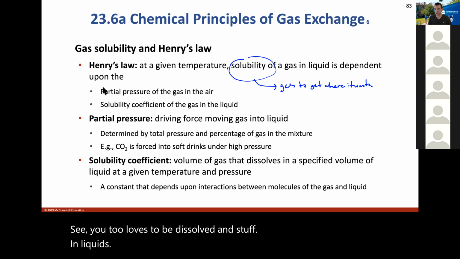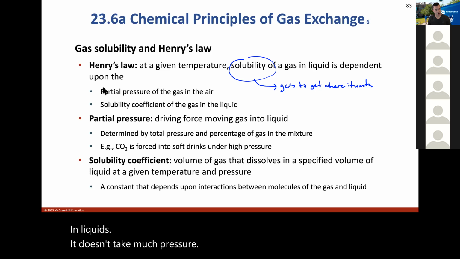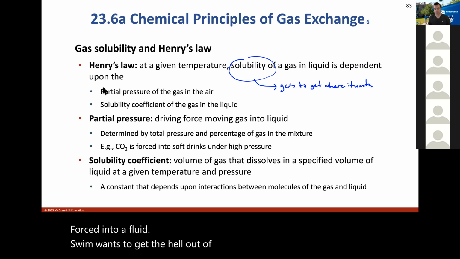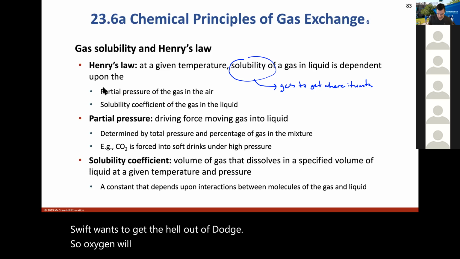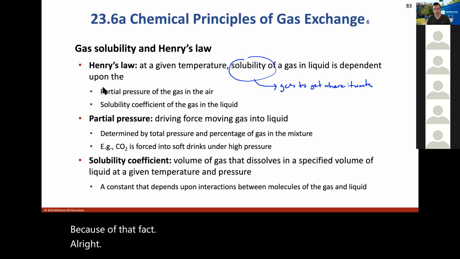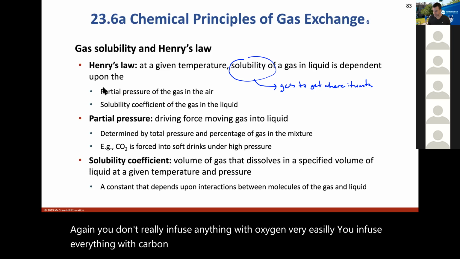It doesn't take much pressure to force carbon dioxide into fluids, blood. Oxygen is not easily forced into a fluid, so it wants to get out of Dodge. Oxygen will want to get out of the blood and get into a cell because of that fact. You don't really infuse anything with oxygen very easily. You infuse everything with carbon dioxide to give it that fizz.